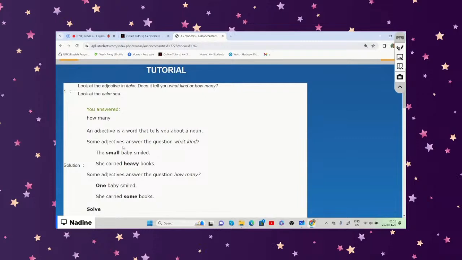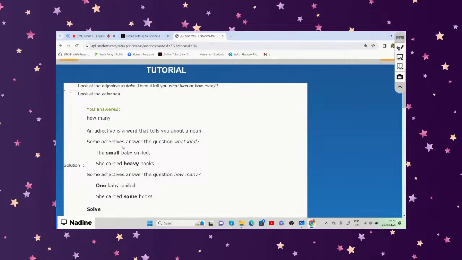All right, so we see an adjective is a word that either tells you about the noun, or describes a noun, or modifies a noun. And some of the adjectives answer the question, what kind?